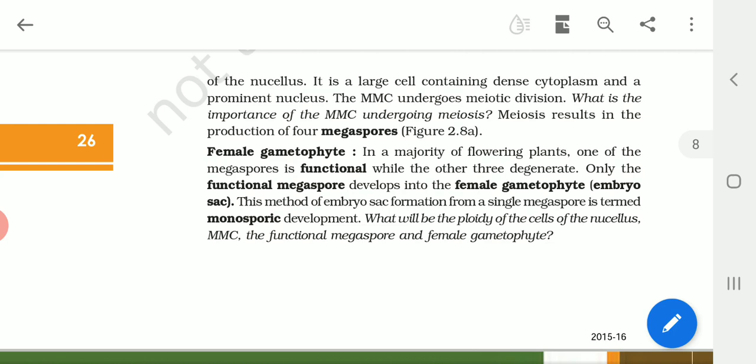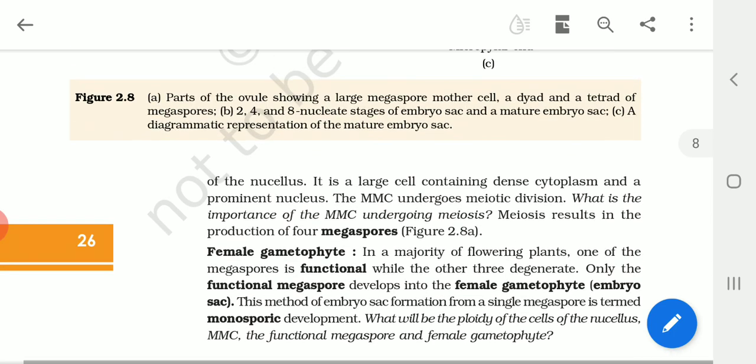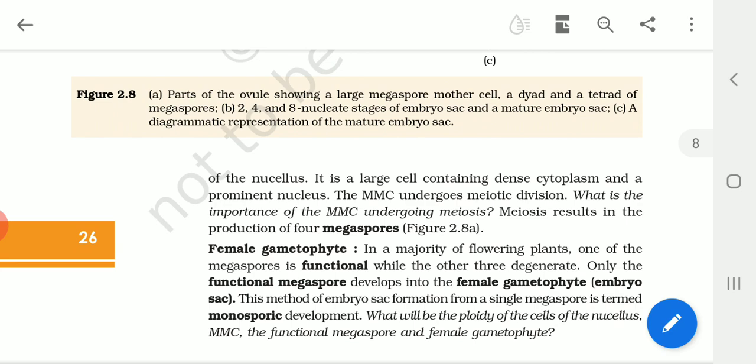Usually the male gametophyte does not remain permanently embedded inside the microsporangium; the pollen grains are released into the air. Whereas the female gametophyte remains permanently embedded in the megasporangium, or nucellus.